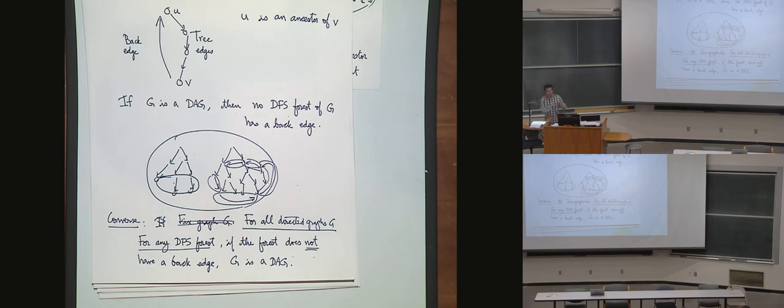The easiest way to state it is this. If there's no back edge, it's a DAG. Which means that if there's no back edge, then the cross edges together with the tree edges cannot form a cycle, just by the fact that there's no back edge.